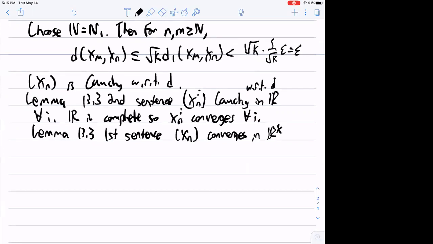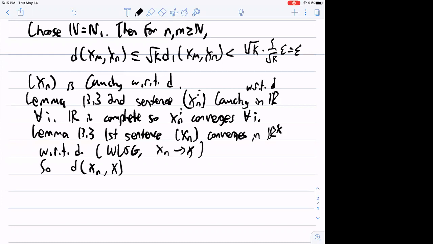Again, everything here is with respect to D. So x_n converges in R^k with respect to D. I'm going to write that x_n converges to x. Without loss of generality, we just let x be the limit. So the distance from x_n to x goes to 0 as n goes to infinity.